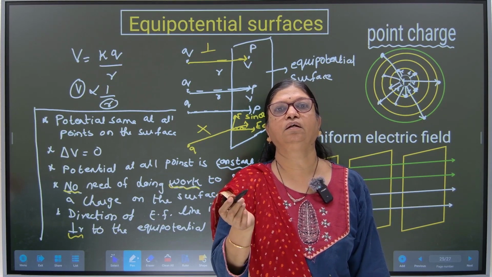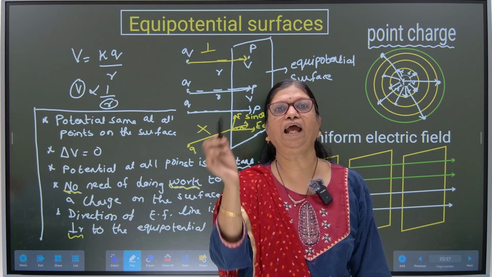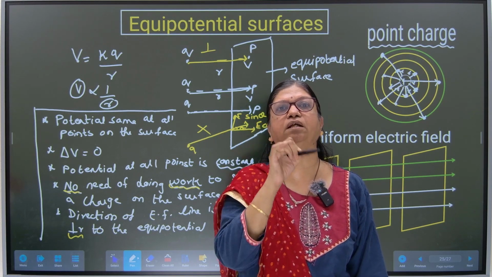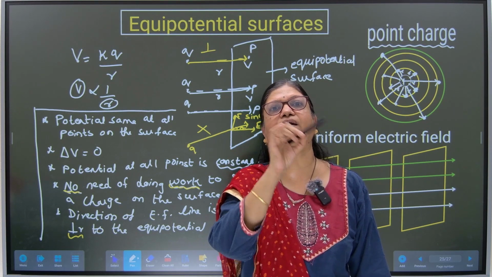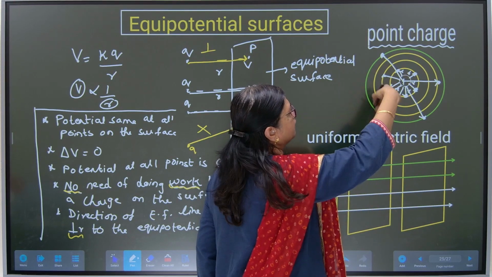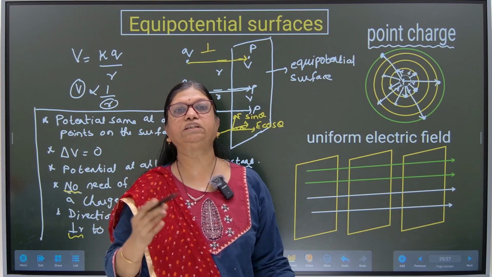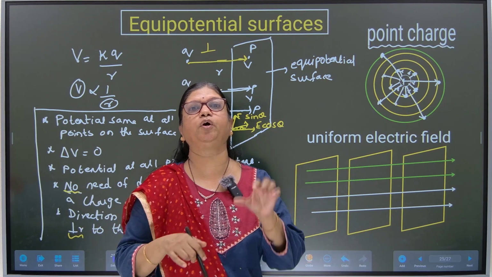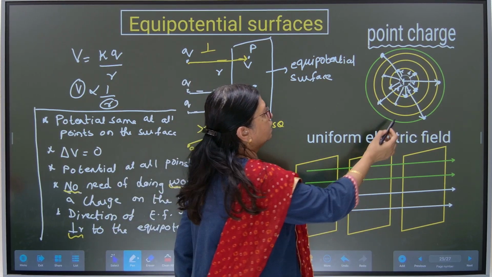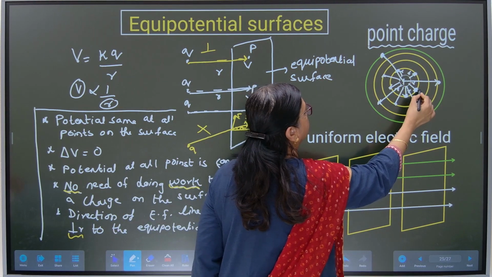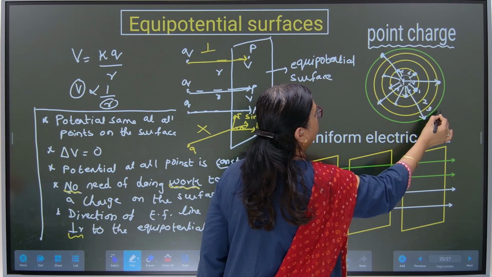So V is the same at every point on every concentric circle. So these are the equipotential surfaces which have the same potential at every point on that circle. Equipotential surface number 1, 2, 3, 4.